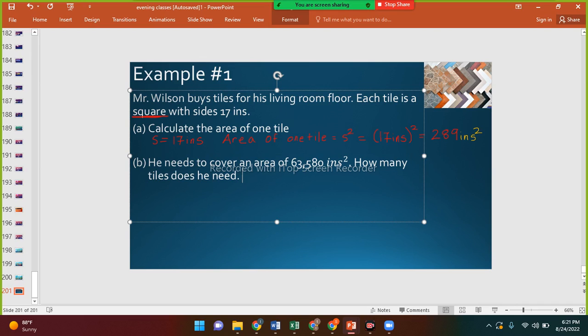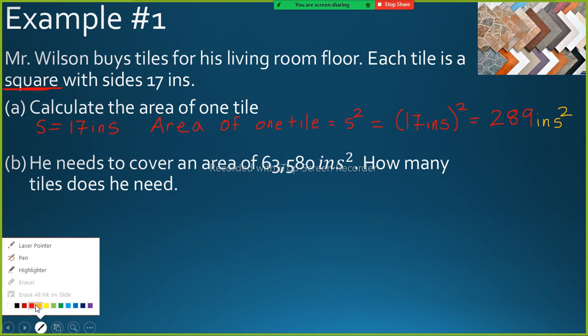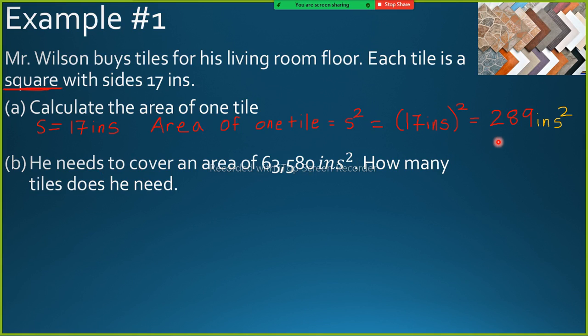So let's look at that. We know that one tile is 289 inches squared. And we know that he needs to cover an area of 63,580 inches squared.